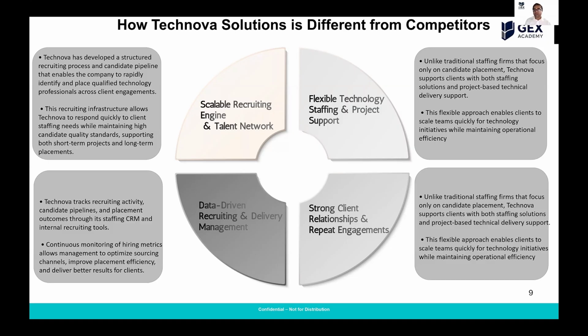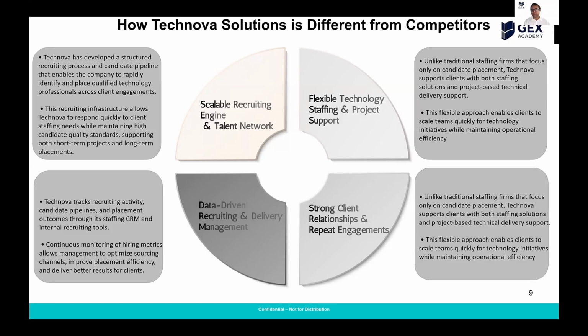So the first differentiator highlighted here is TechNova's scalable recruiting engine and talent network, right? As we discussed in the prior slides, finding qualified technology professionals still remains one of the biggest challenges organizations face today. What management is arguing here is that TechNova has developed a structured recruiting process and candidate pipeline that allows the company to identify and deploy qualified technical resources a lot more efficiently than many competitors can.